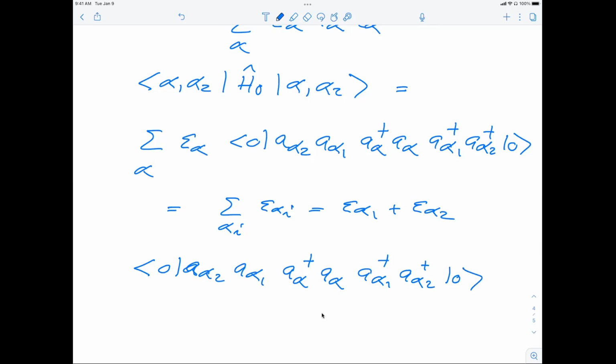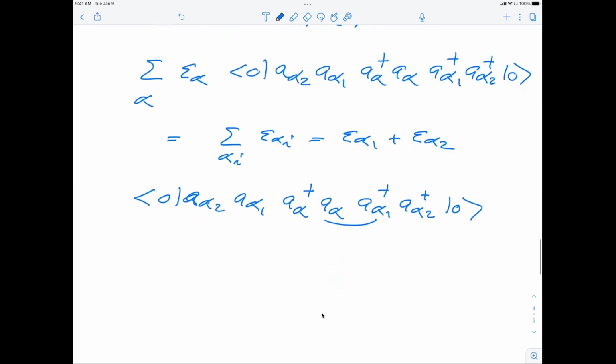So the first thing I'm going to do now is simply to switch these two here. And then when I switch that one, I'm going to switch it with alpha 2 here. So I'm just going to do repeated operations with the anti-commutation rules. So this is now going to be equal, and I'm going to leave out the zeros.